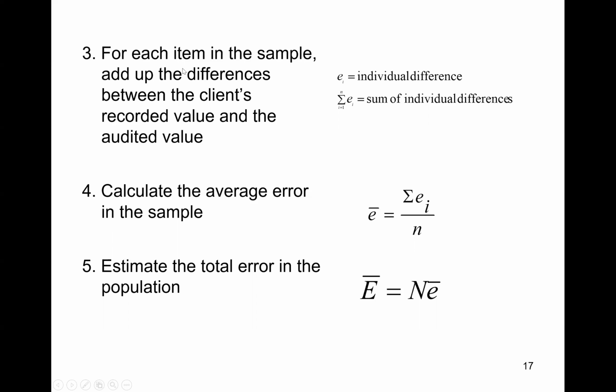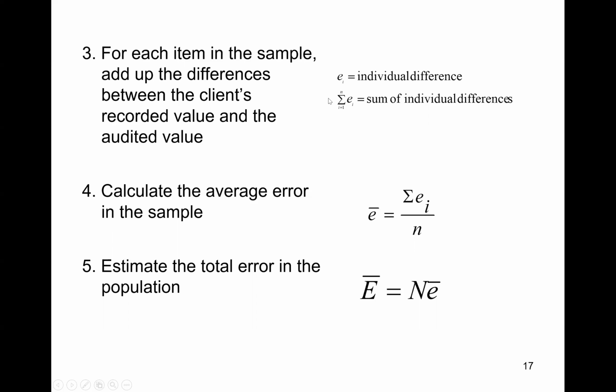Because this is a difference between the client's recorded value and the audited value, right? The value that the auditor determined it should be. Okay, so this individual difference is an error. Then you basically add up all of these errors within your sample, right? So sum of E is the sum of all of your errors.